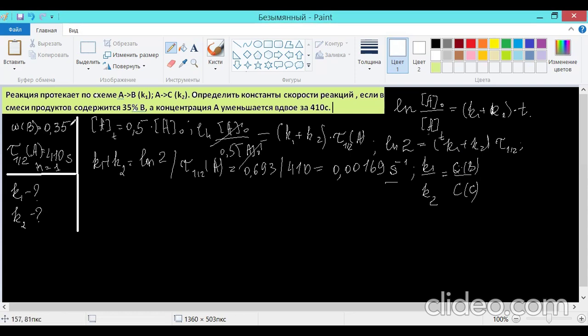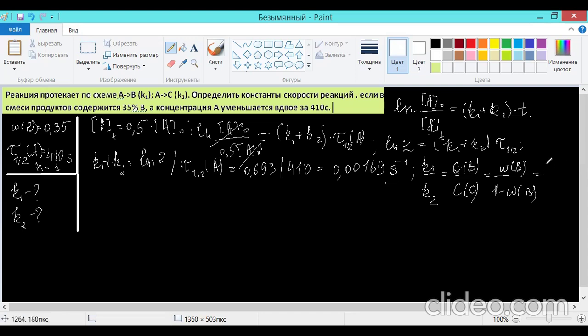But we've got percentage here. The way out of this problem is that C is proportional to omega. For that reason, we can substitute it. And if the mixture is composed of the two elements B and C, omega C is equal to 1 minus omega B.